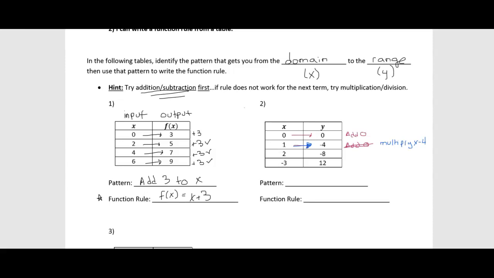Does 2 times negative 4 get you negative 8? So we're going to try the rule. It does, okay? So far, multiplying by negative 4 is the rule. Check it right here, negative 3 times negative 4, does it get me positive 12? It does, okay? So always try addition or subtraction first, and then 0 times anything is 0, so it works again for here, okay? So my pattern is multiply by negative 4.